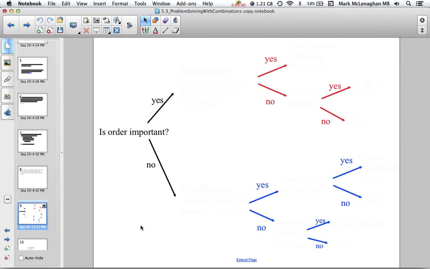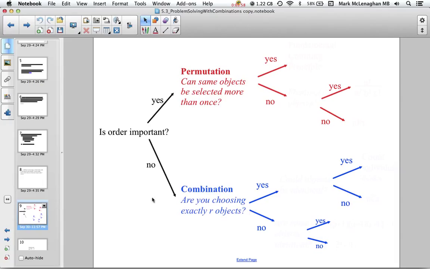Here's a little diagram to help you figure out which formula to use, since we've been looking at quite a number of formulas over the last couple of chapters. First question to ask: is order important? If yes, we're going to use a permutation. If no, we're going to use a combination. Let's look at permutations.